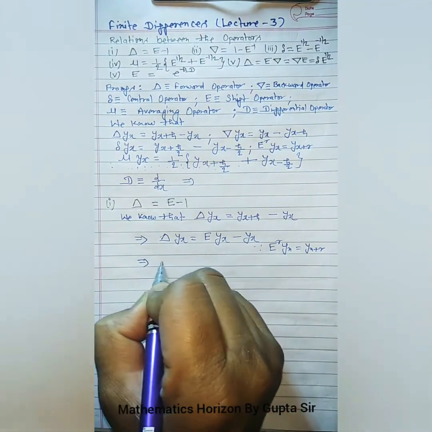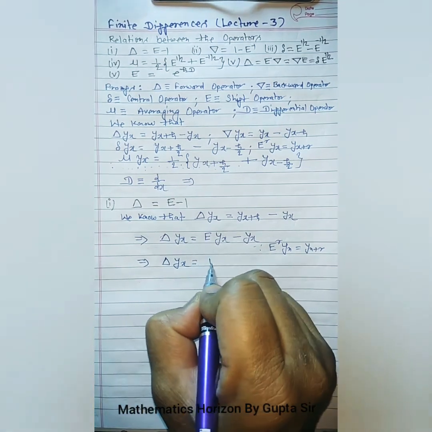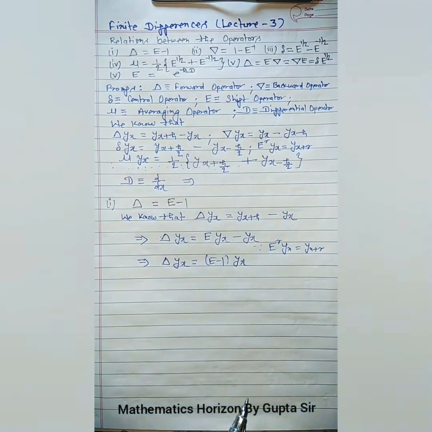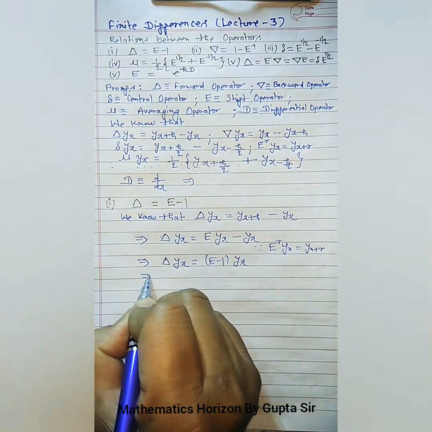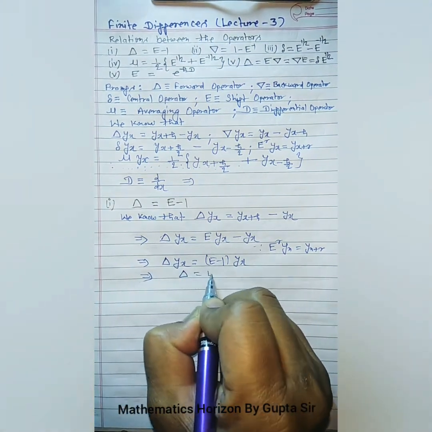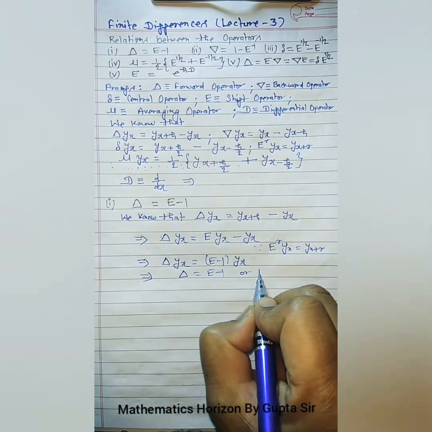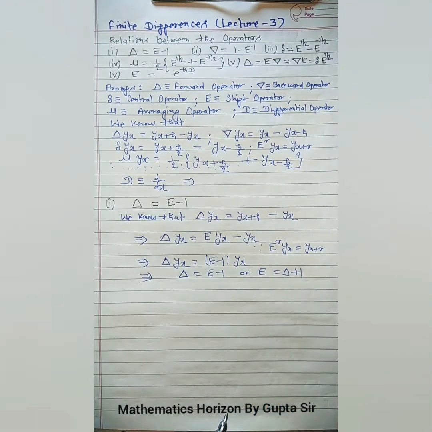That is, Δy(x) is equal to (E minus 1)y(x), that is, Δ is equal to E minus 1, or E is equal to Δ plus 1. That is, the first relation is now proved.